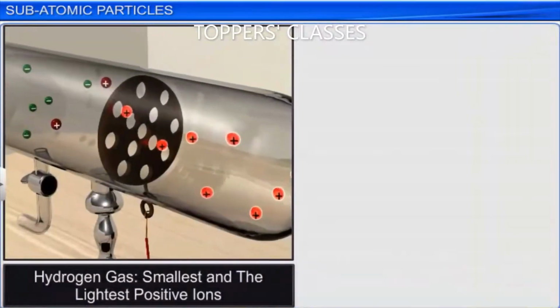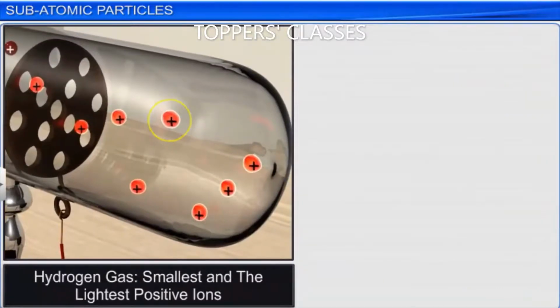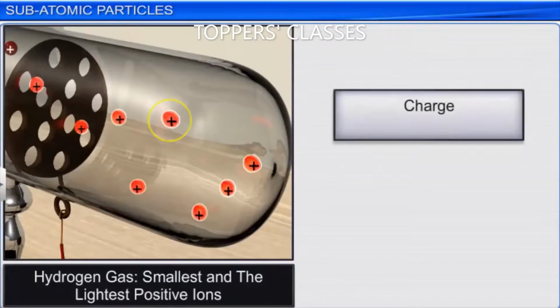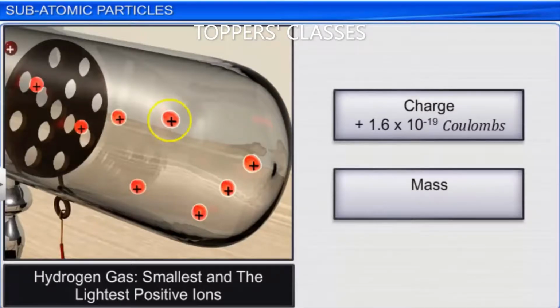Hydrogen gas produced the smallest and the lightest positive ions, with the magnitude of charge same as that of an electron, but with a positive charge, that is, +1.6 × 10^-19 coulombs, and a mass that was found to be similar to that of a hydrogen atom, that is 1.67 × 10^-24 grams.